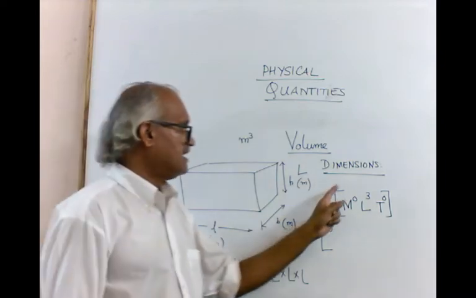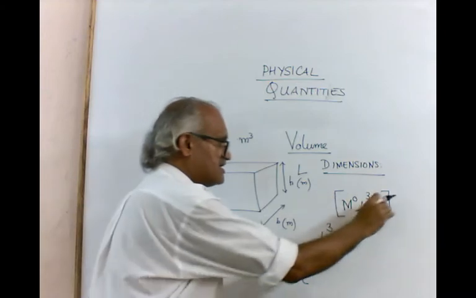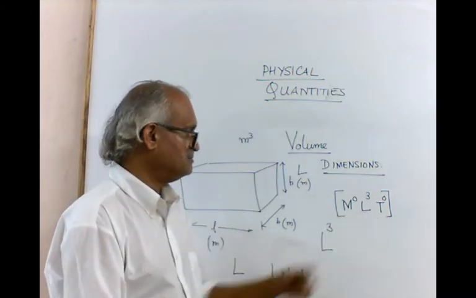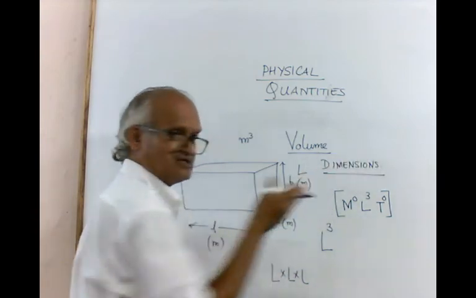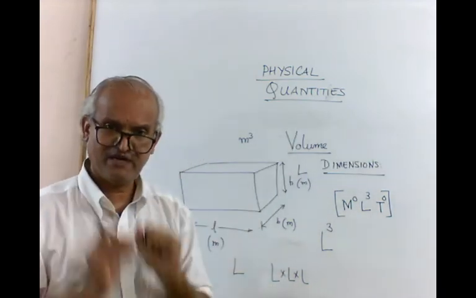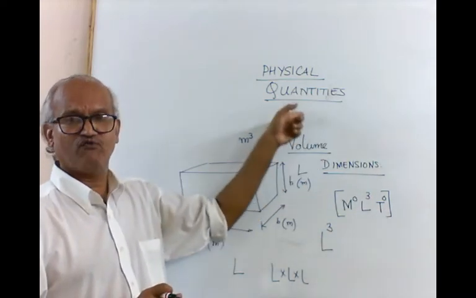In this way, by raising different exponents or powers, you have raised the fundamental quantities such as mass, length, time to a certain set of powers such as 0, 3, 0 respectively. This becomes the dimensions of volume.